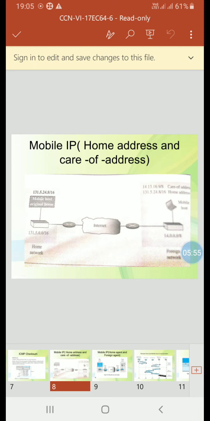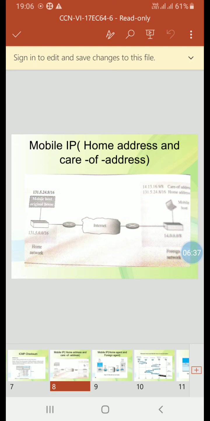This scheme works properly with stationary hosts. So our IP addresses are designed to work with stationary hosts because part of the address defines the network to which the host is attached.